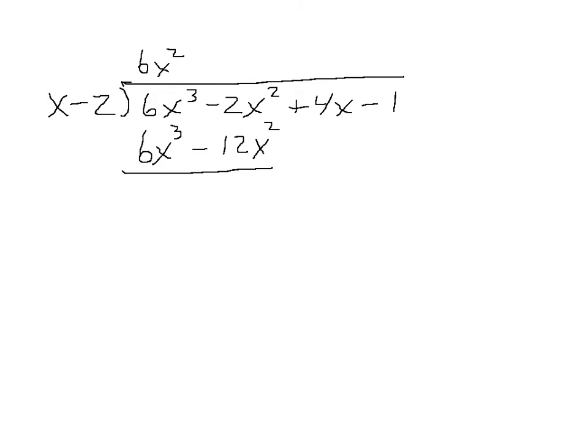And what do we do now? We subtract. And just to make sure that we really see that it's subtraction, I like to put that sign way out here. 6x cubed minus 6x cubed is 0. Minus 2x squared minus a minus 12x squared is 10x squared.